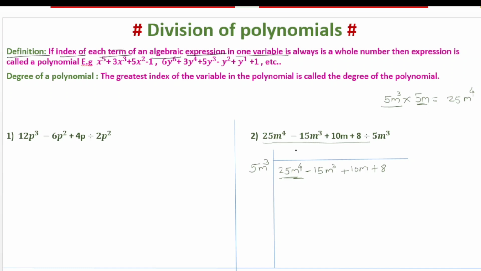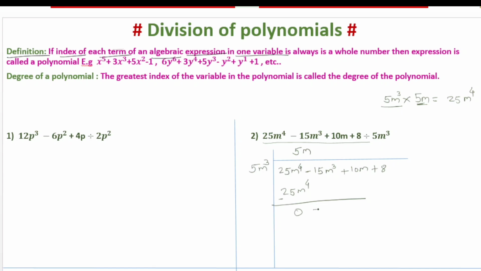So the first quotient term is 5m. And 5m into 5m³ gives 25m⁴, and we subtract. If we subtract this, we get 0.